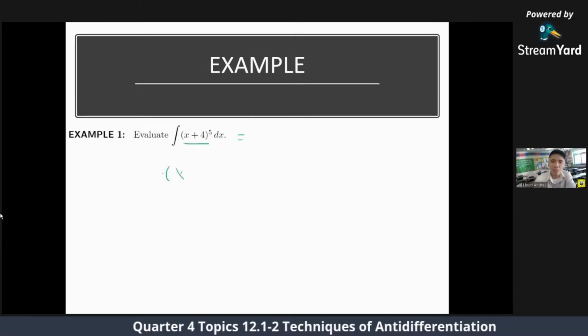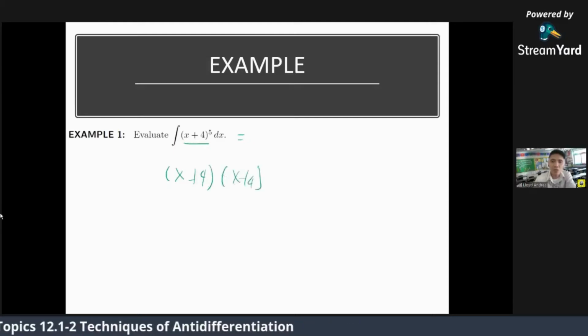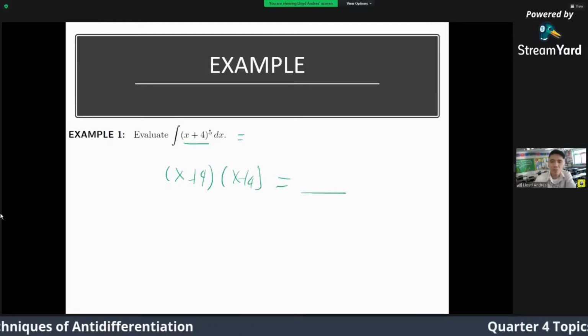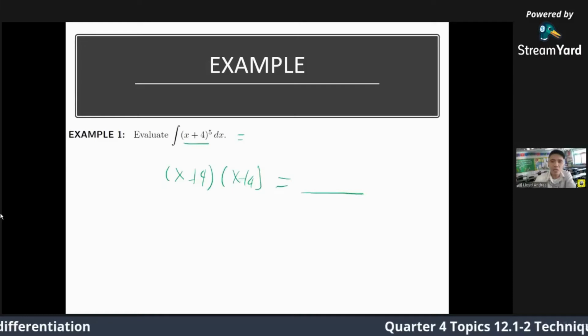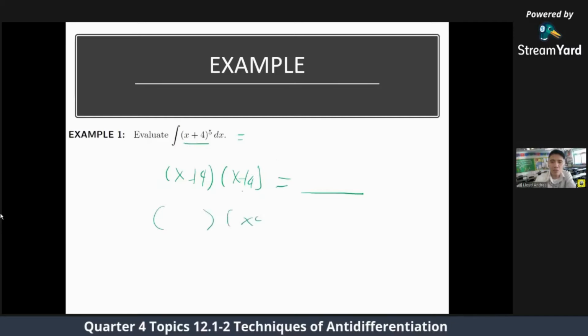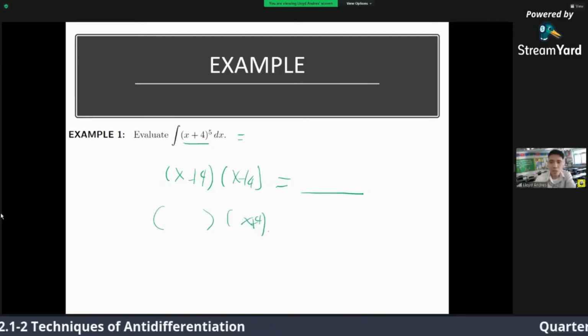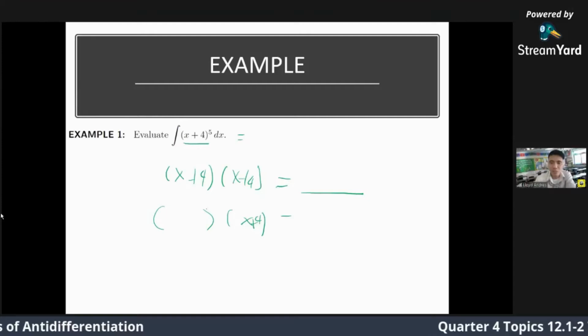X plus 4 times x plus 4, i-solve ni mo na. That's actually x plus 4 squared pa lang. Tapos ang answer na po, i-times na po ni mo x plus 4 para ma-cube na.